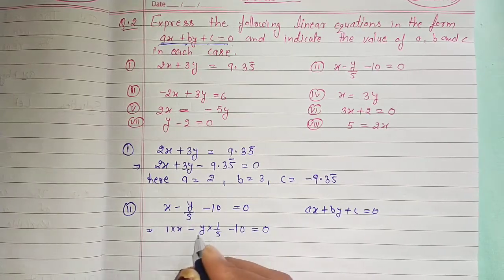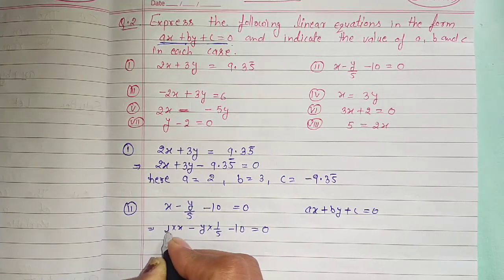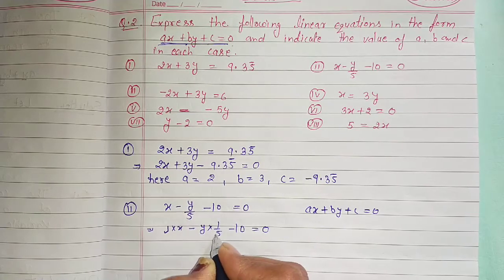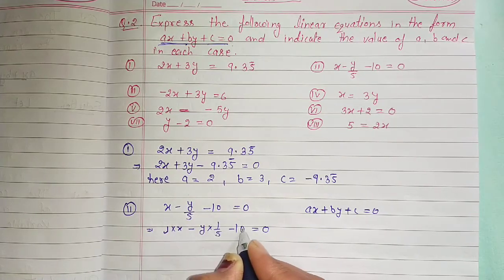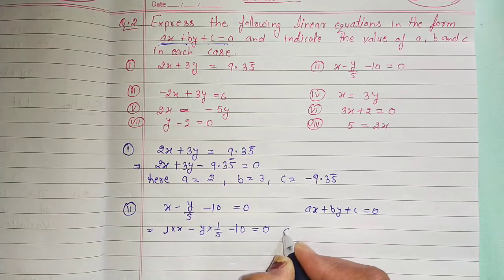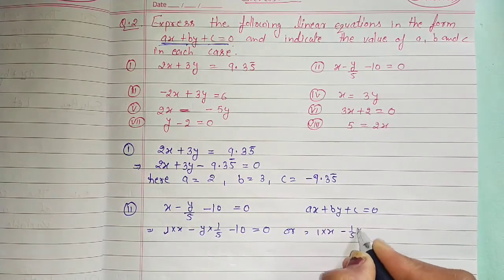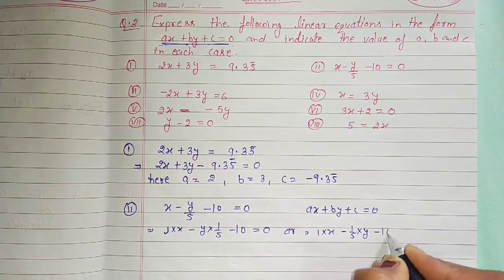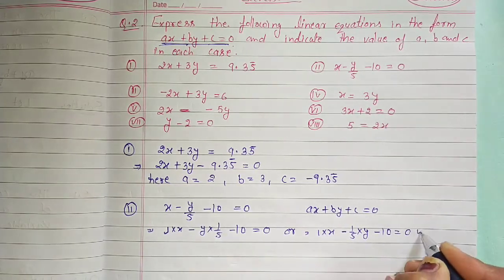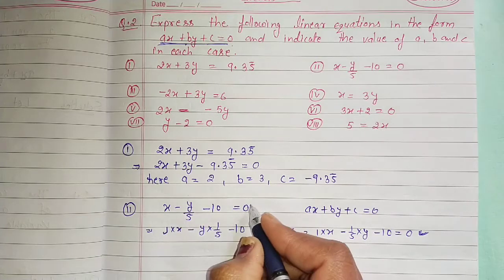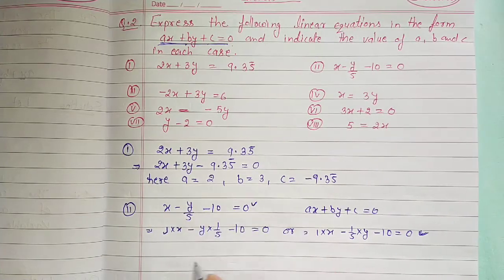Here we clearly see that a is 1, b is minus 1 upon 5 and c is minus 10, or we write it as 1 multiply x minus 1 upon 5 multiply y minus 10 equal to 0. This is the standard form.